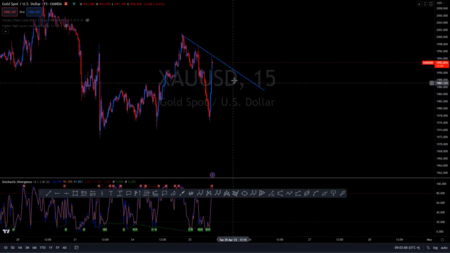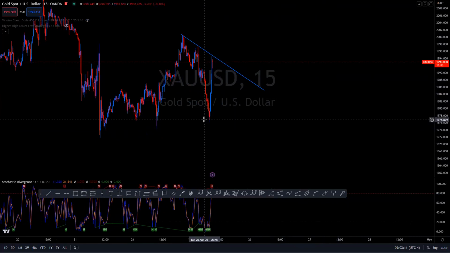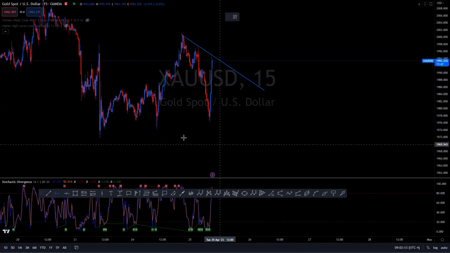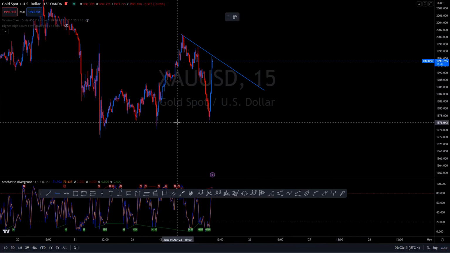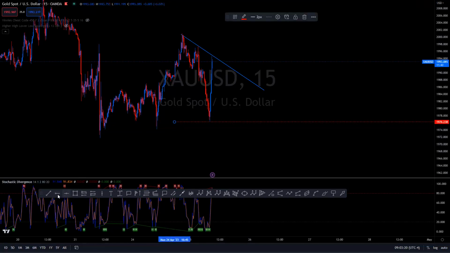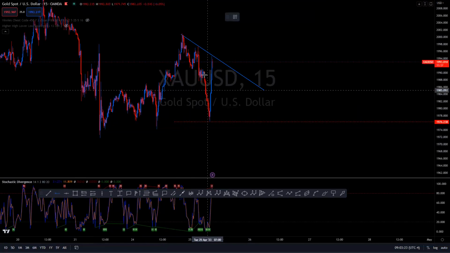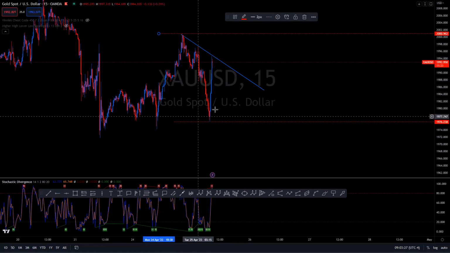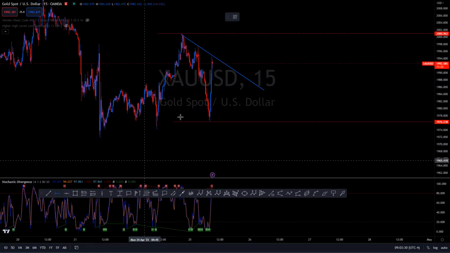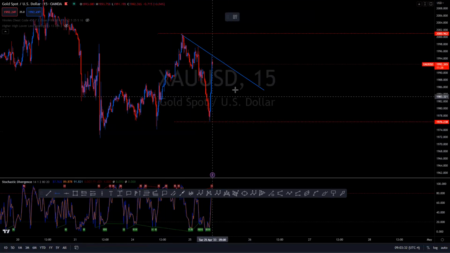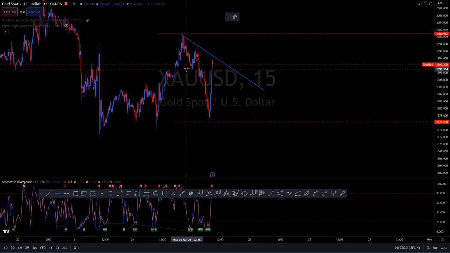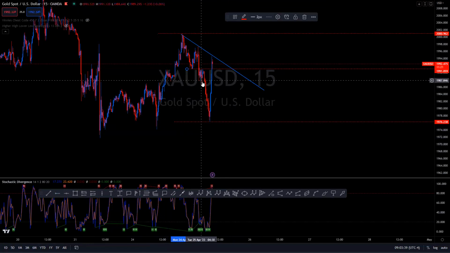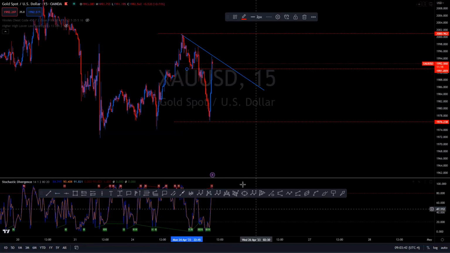Now, we look at this move here. This is the most recent swing low here. Most recent breaker structure that I could honestly see. I could see a swing high here. Now, the most recent breaker structure that I could really see is right here, because this is the last swing of the last high.